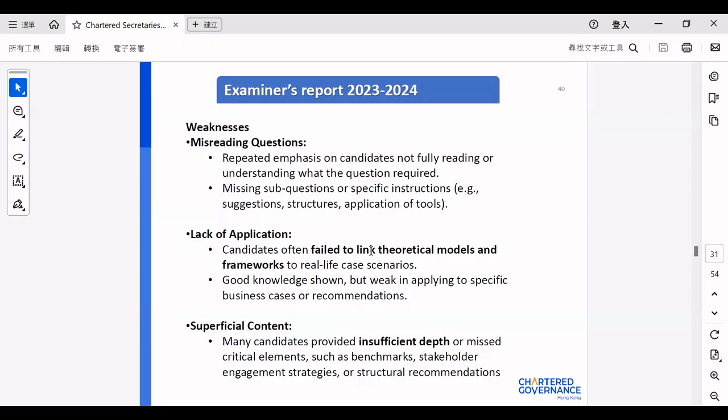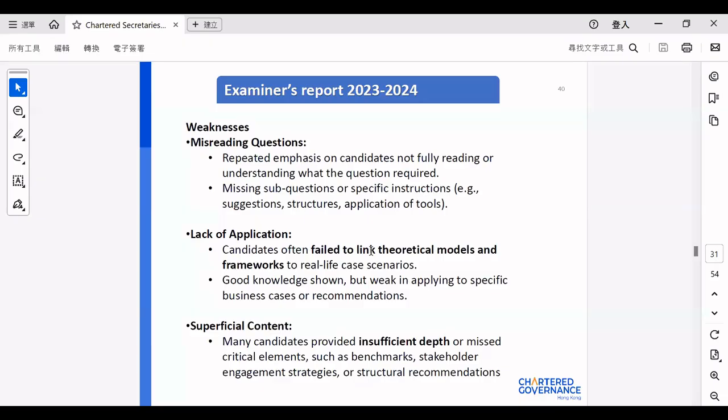Now, of course, you won't misread the facts because you were given the facts 1.5 months ago. Most of you have read the facts in quite detail, right?